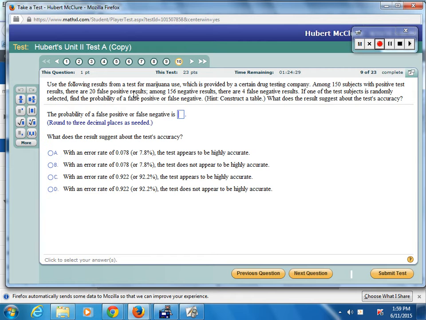Use the following results from a test for marijuana use, provided by a certain testing company. Among 150 subjects with positive test results, there are 20. Okay, this is where you have to make a what? Make a chart. So go ahead and make one. Make it.